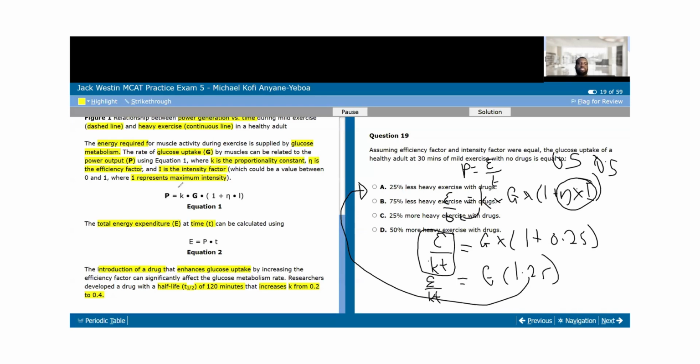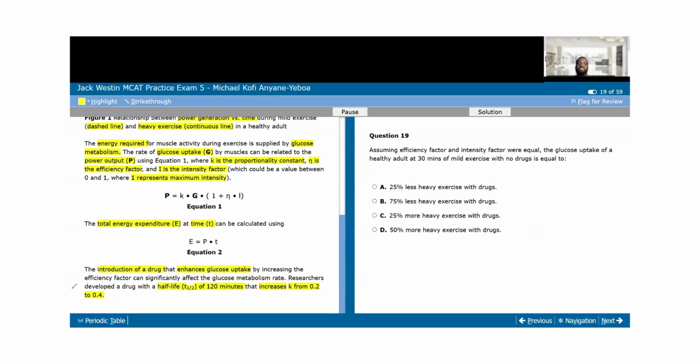Assuming the efficiency factor and intensity factor were equal, so they don't change, the glucose uptake of a healthy adult at 30 minutes of mild exercise with no drugs is equal to, so let's write that down first, right?